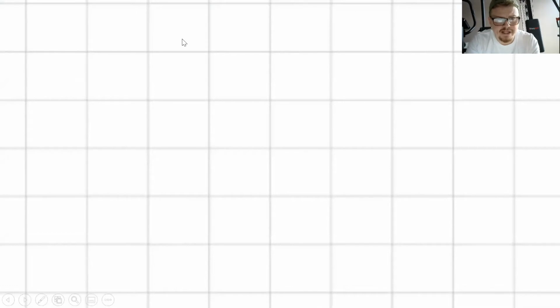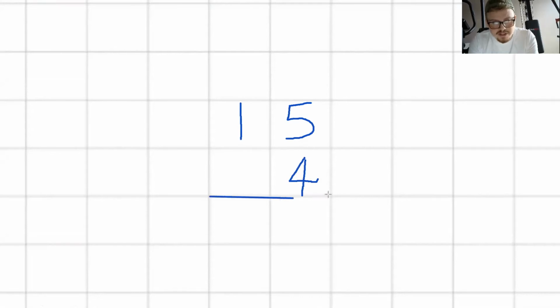We have 15 crew members, 1, 5, and we have 4 spaceships. I'm going to draw my line once again, and I'm going to draw my multiplication symbol. Now it's up to you. So if you've forgotten how to do this, rewind and have a look at how I did the last question, and then you should be able to solve this question.